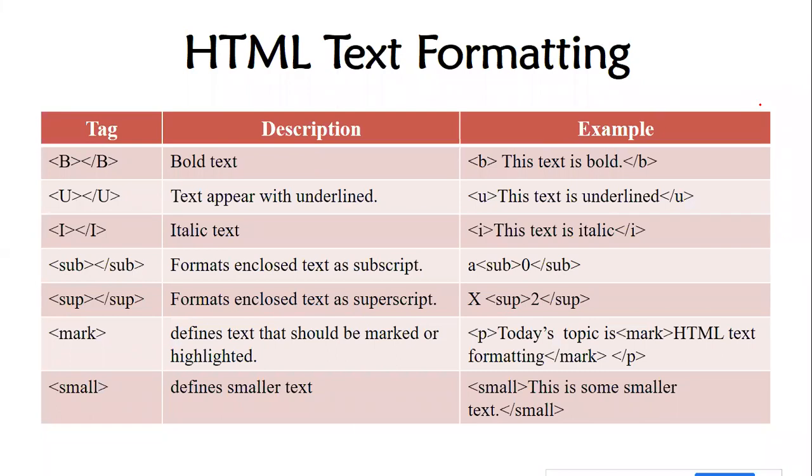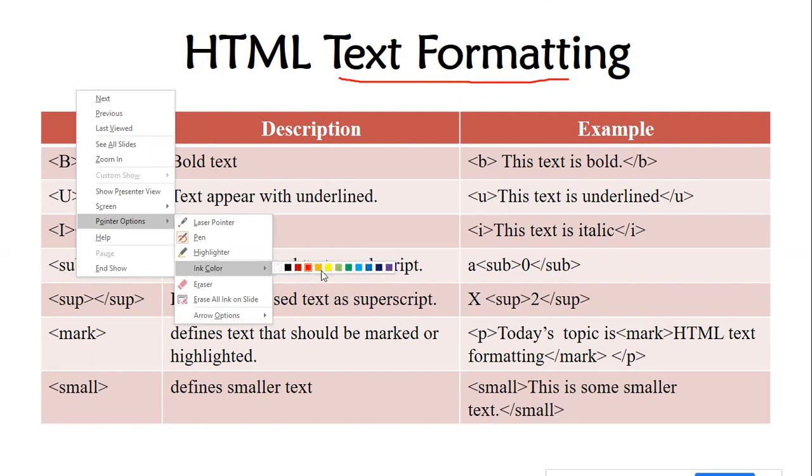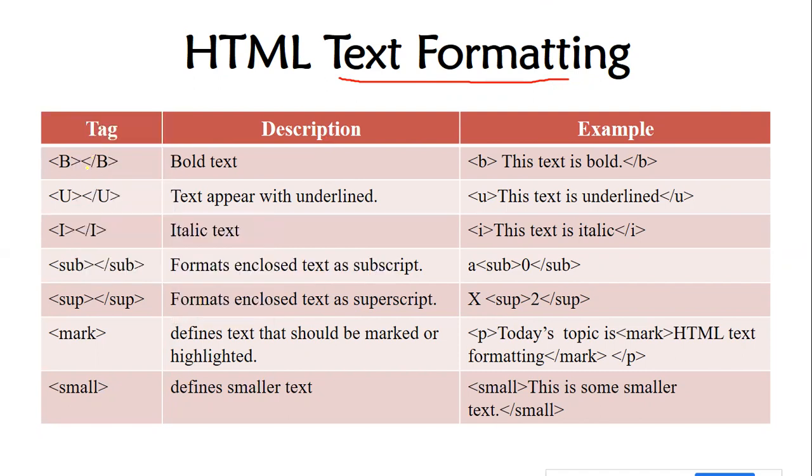Next point is HTML text formatting. See, here the table is divided into three parts: tags, descriptions, and examples. Okay, so the first tag is the bold tag, that is the B tag, which comes with both a start tag and an end tag.